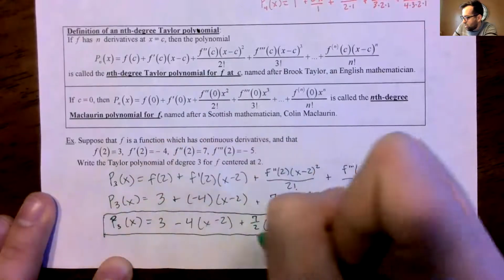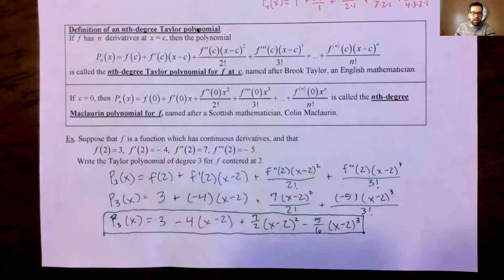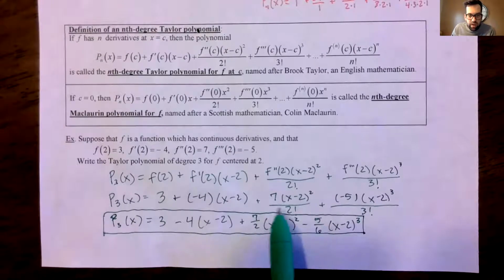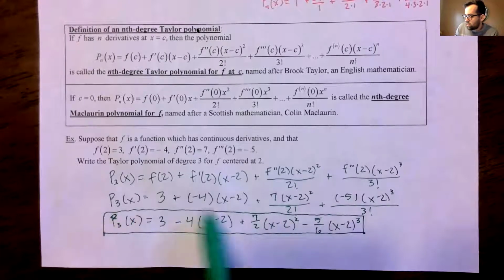Now, a question that I often get is, on the AP exam, if this was a free response question, would I have to actually multiply out the factorials? The answer is no. If you had it written out in this second line that I have here, with the f's filled in and the factorials still present, you got the answer.